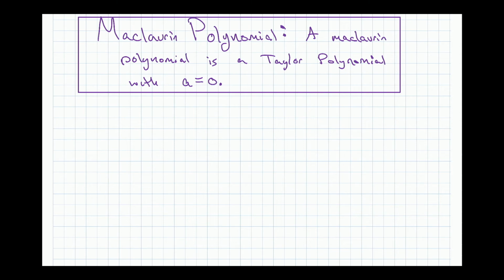For example, Pn, if a was just 0, it would be f of 0, f prime of 0. Then it should be x minus a, if I'm following the formula for the Taylor polynomial, but a is 0, which means you don't actually need that. You just need the x. And then f double prime of 0 over 2.